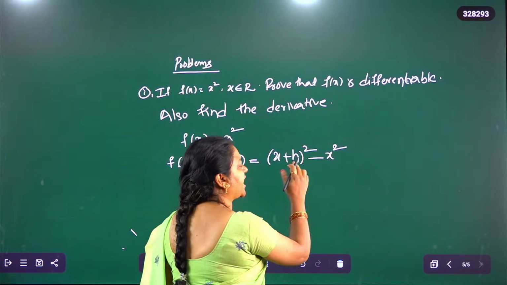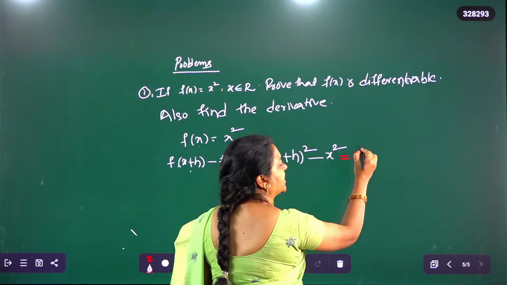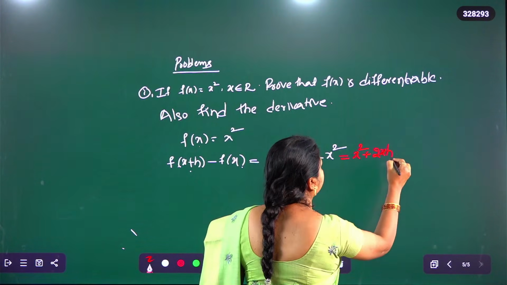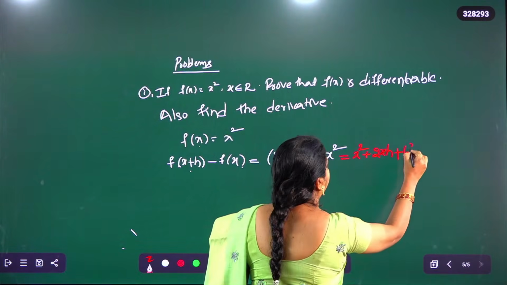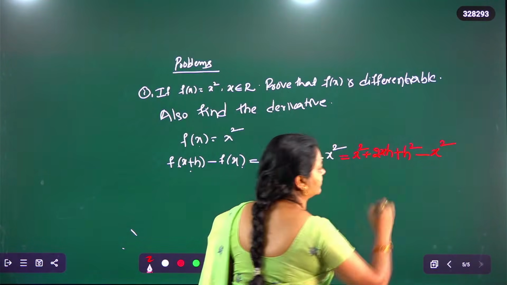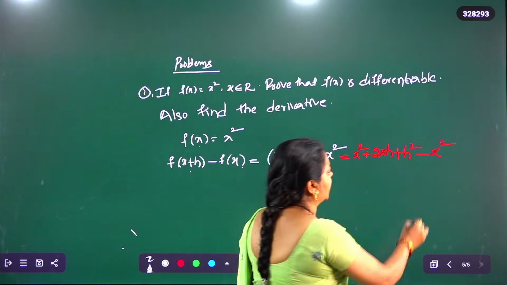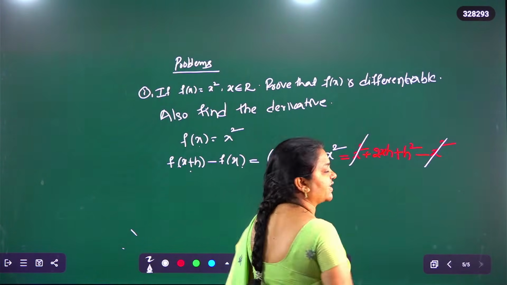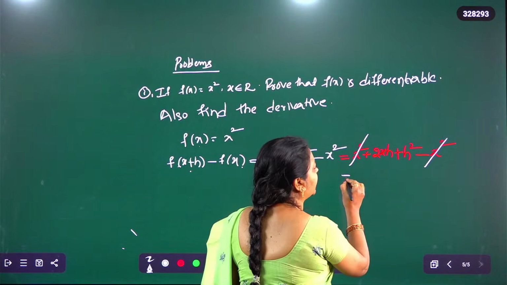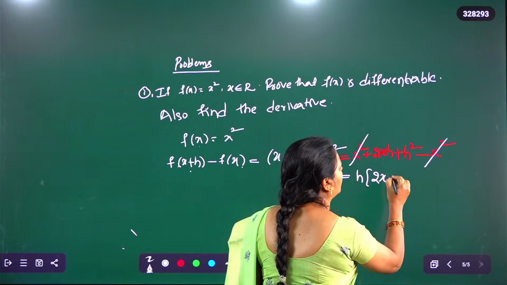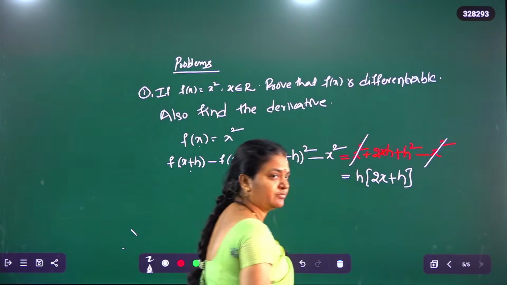This is just like a plus b whole square, a square plus 2ab, that is x square plus 2xh plus h square, minus x square. Clearly x square minus x square will get cancelled, and h is common. By taking h common, we have 2x plus h.